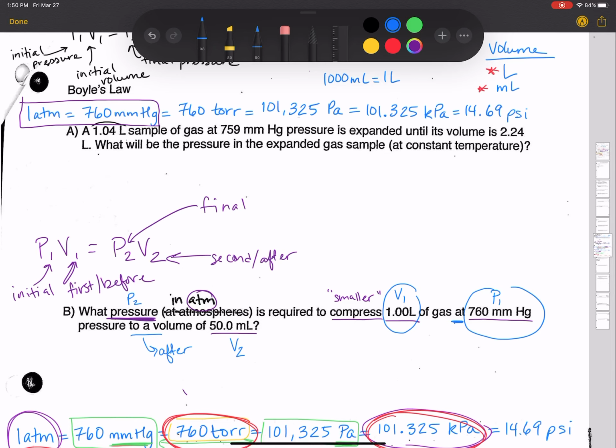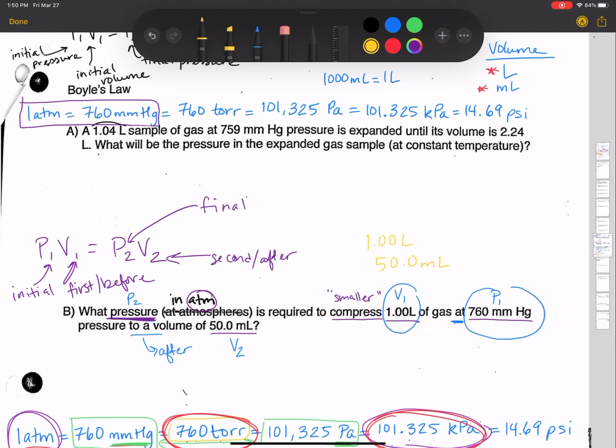Let's say none of what I just said makes any sense to you. Here's another way you can look at it. You can look at what was your larger volume and what was your smaller volume. I'm picking on volume for this question because it's the only one that you have two of. You have P1, but you also have an unknown P, right? If you look at your two volumes, it tells you 1.00 liters and 50.0 milliliters.